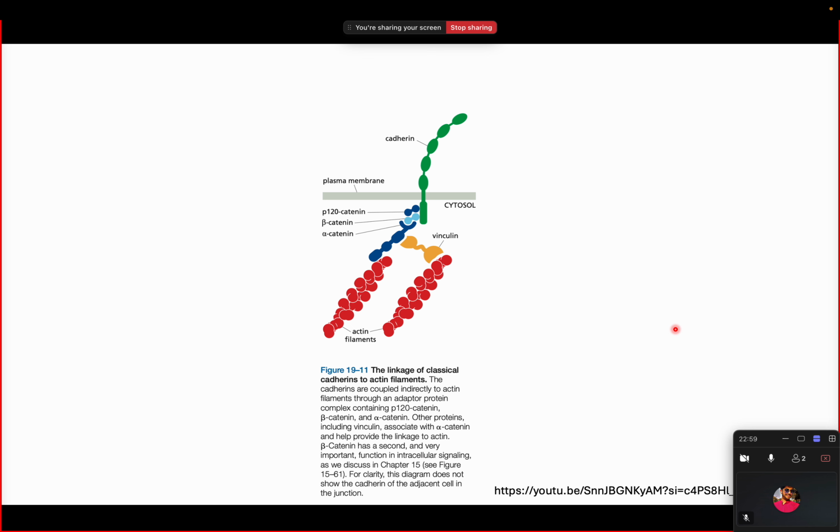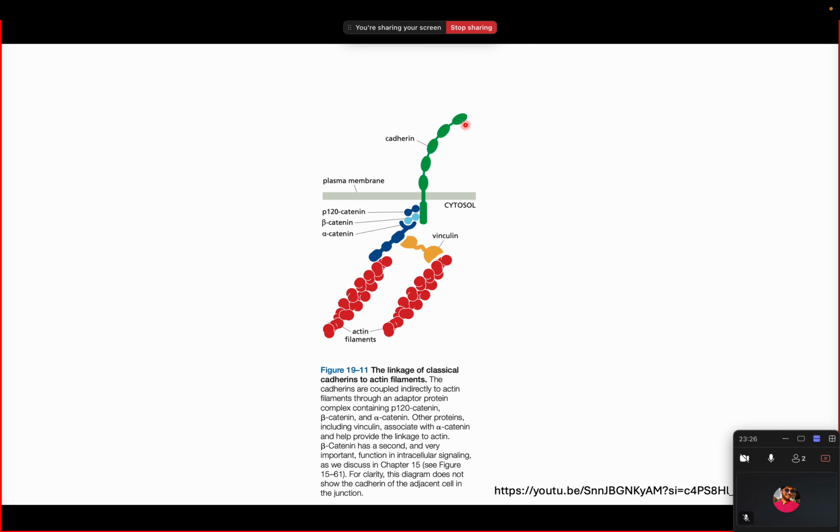So the linkage of classical cadherins to actin filament, this is the basic way they are connected. You can see that these are adapter proteins connected with the cytosolic domain of the cadherin molecule itself. When the adapter proteins are connected to the cytosolic domain of this cadherin molecule, other molecules which allow the actin filaments to get connected with the cadherins are also present.